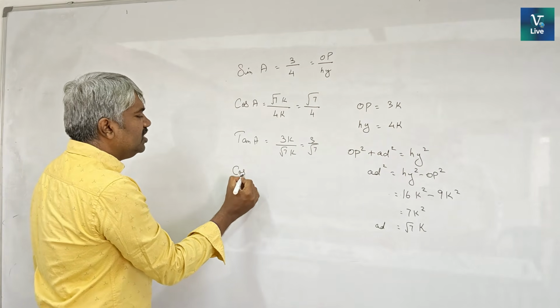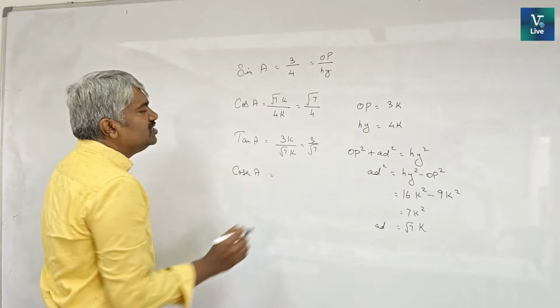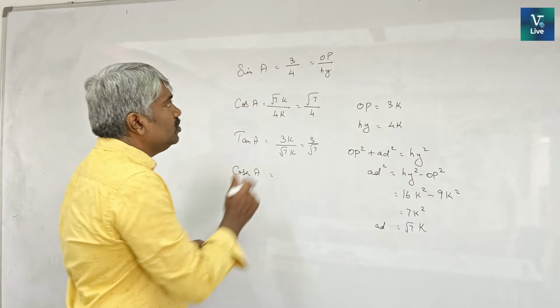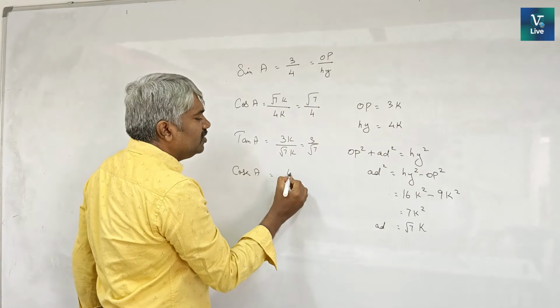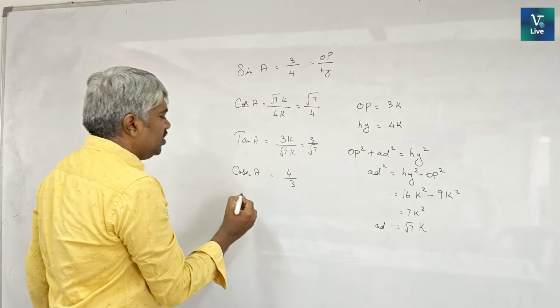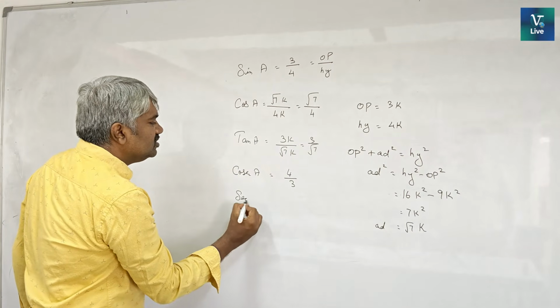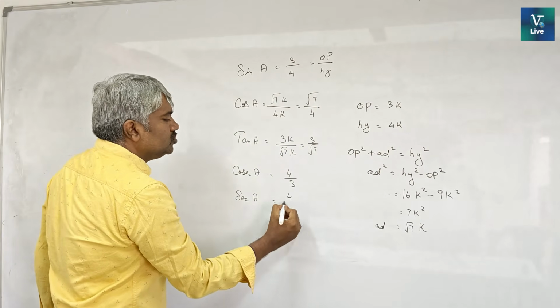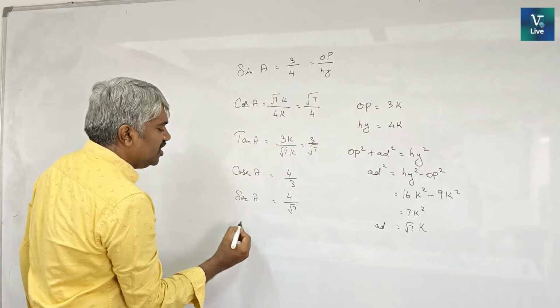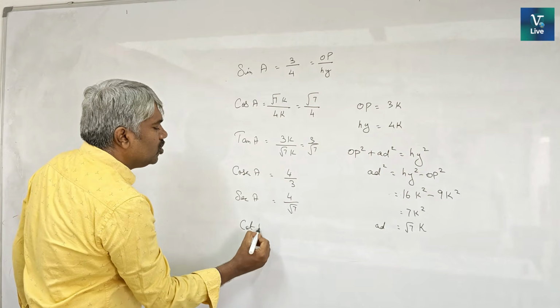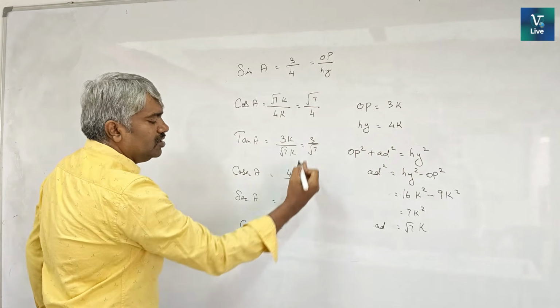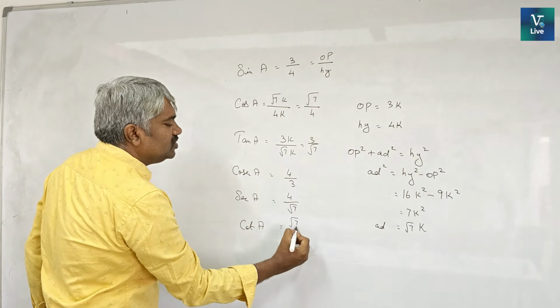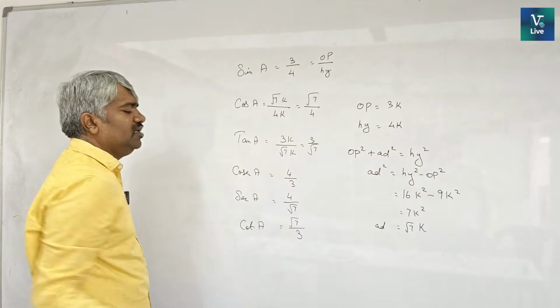Next is cosecant A. Cosecant A is just the reverse of the sine value. Since it is 3 by 4 here, it's 4 by 3 over here. Next is secant A. Secant A is the reverse of cos, so 4 by root 7. Then cot A. What is cot A? Reverse of tan, which is root 7 by 3.